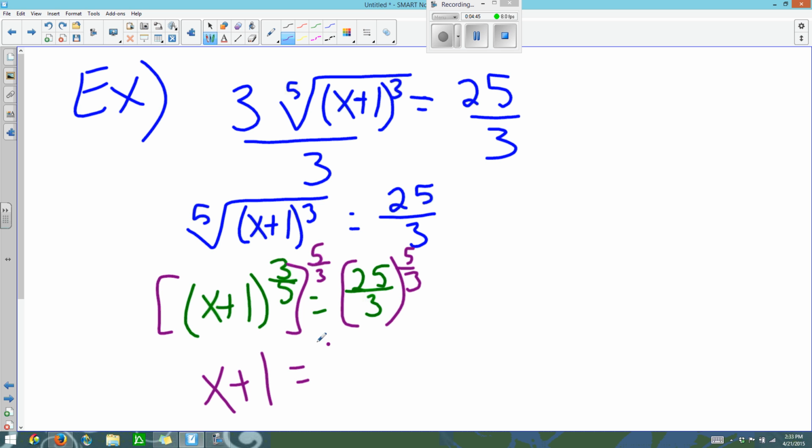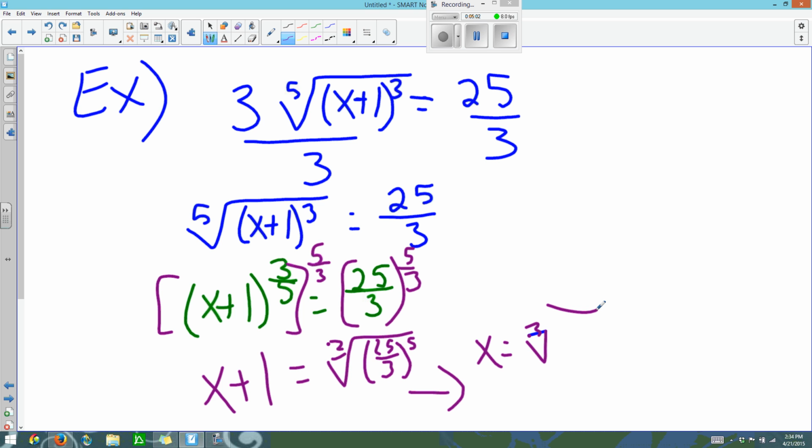And once you raise both sides by the reciprocal, you can rewrite it back into radical form. You don't have to, but you can. So going back over here, your x will equal 25.